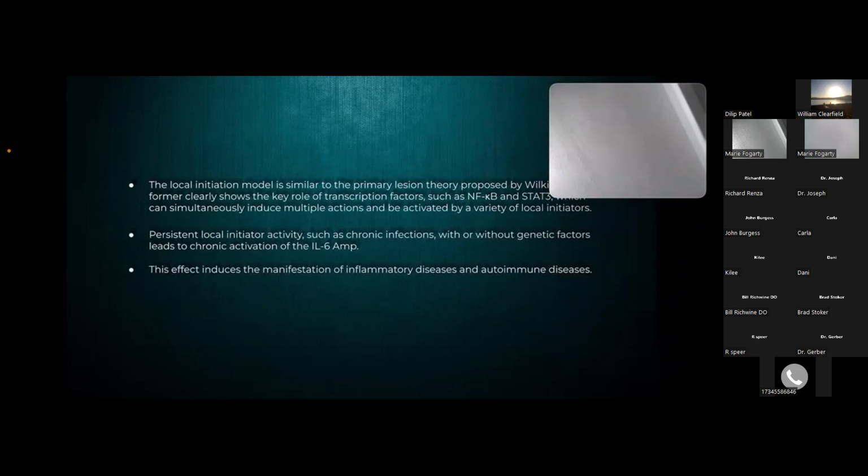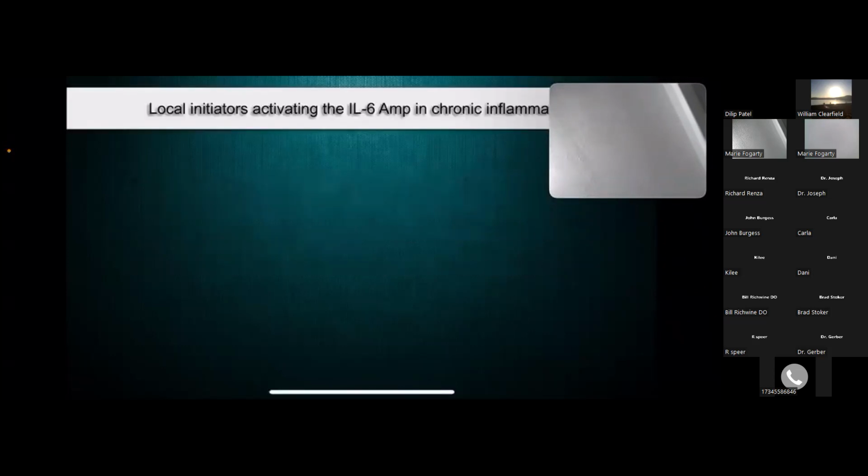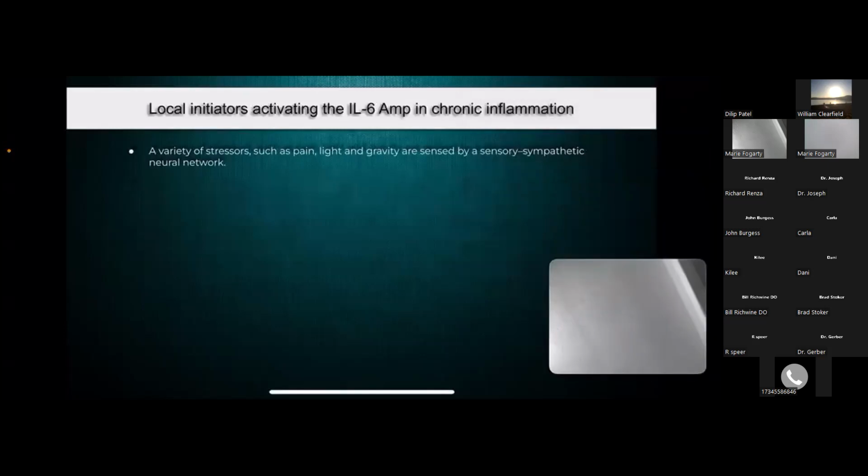A variety of stressors such as pain, light, and gravity are sensed by a sensory sympathetic neural network. Okay, again, it's like patchwork, but when I look this stuff up, I'm like, oh, wait a minute. Okay, well, it's gravity. So now I'm imagining back pain that becomes chronic, and pain. You imagine somebody with chronic pain, and then their parasympathetic.